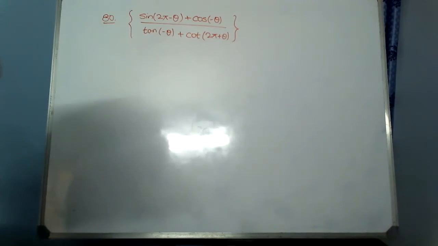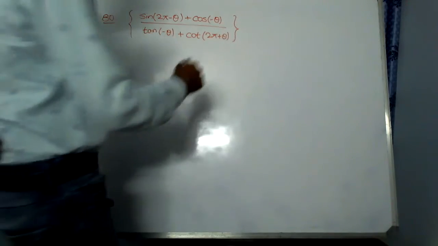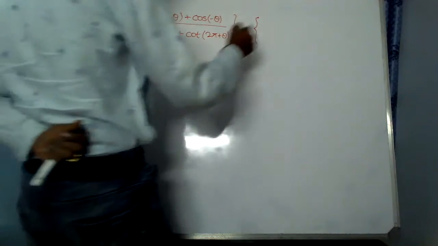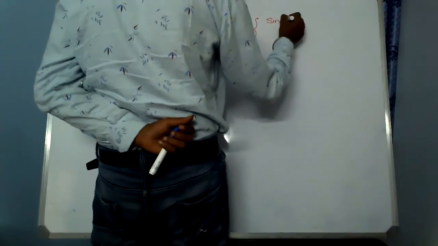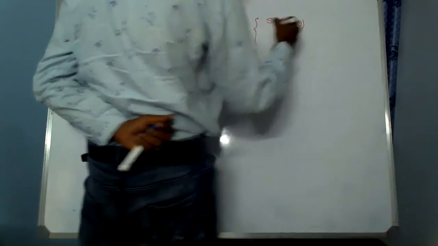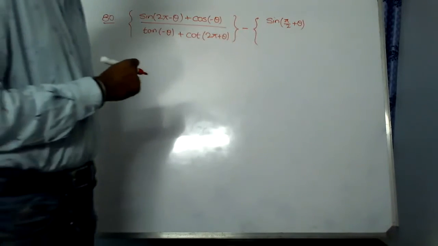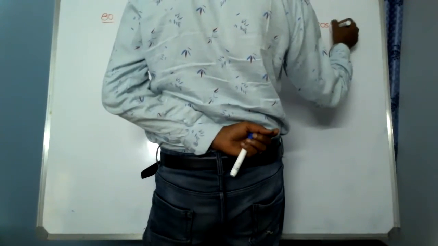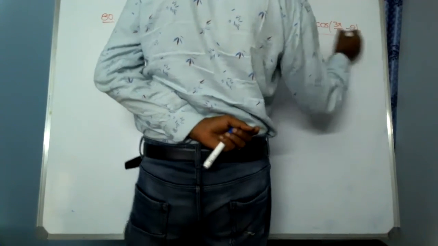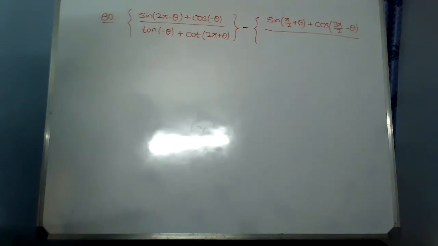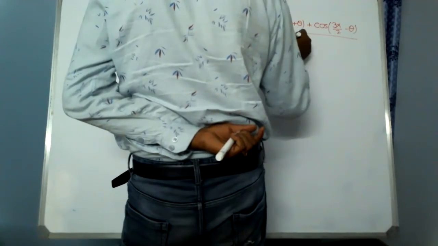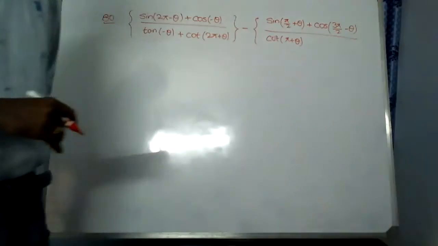After this there is a minus, I guess, so it's minus (sine pi by 2 plus theta plus cos 3 pi by 2 minus theta) divided by (cot pi plus theta plus tan 2 pi minus theta).